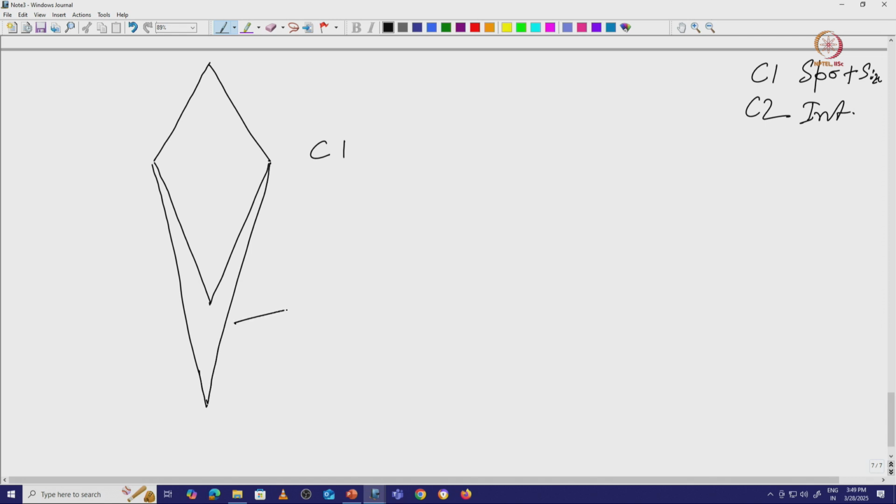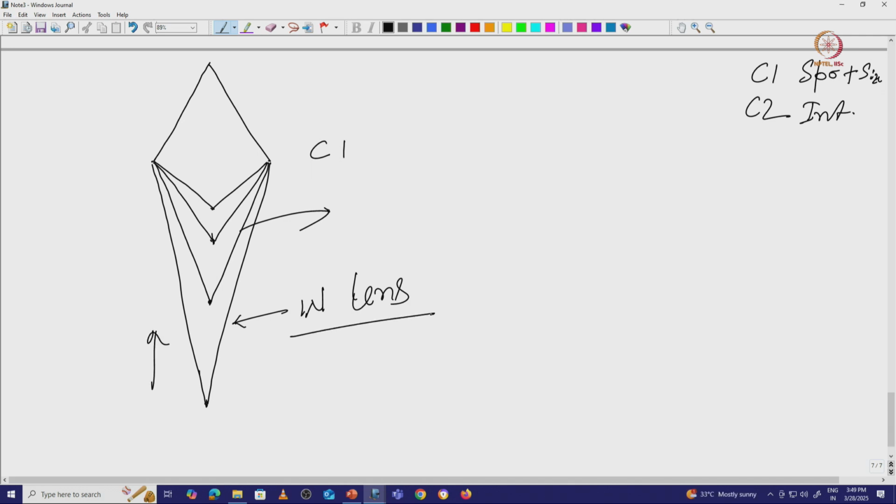This is called the weak lens, as we already discussed, the weak C1 lens. We can say this is a comparatively intermediate condition. Now if we are using a strong magnetic field, or a stronger magnetic field, what will happen here? You can see there is a crossover point, and this crossover point is going up.